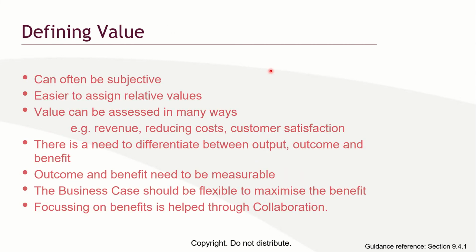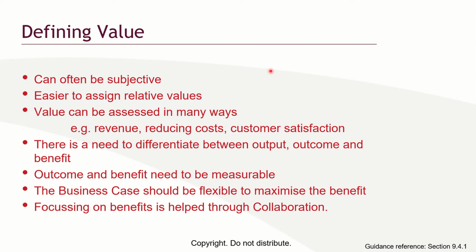Okay, how do we define value? Value in terms of outcome, what the business requires, is value. Value can be subjective. That means value is not the same thing to every person.